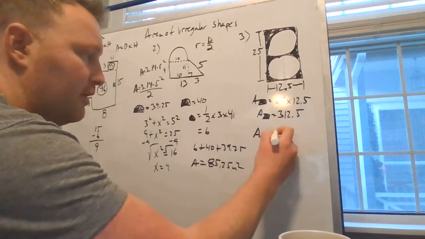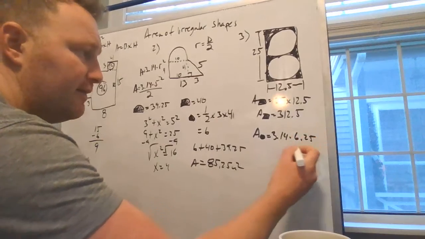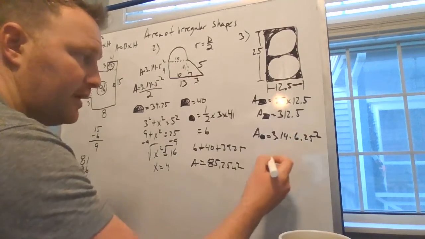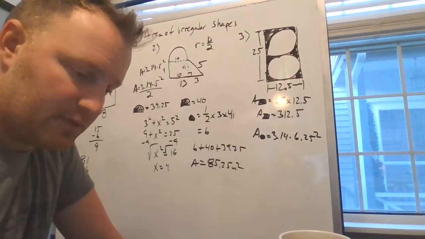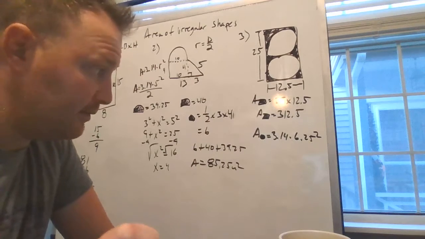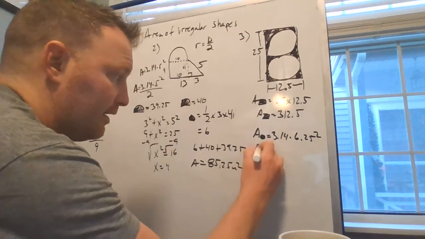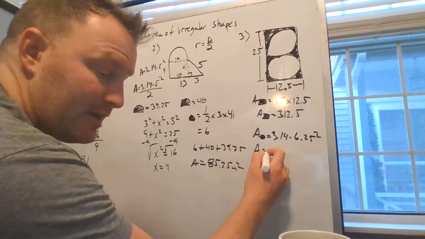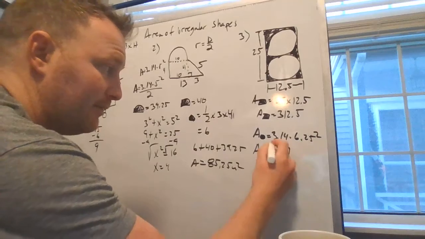So here we go. 3.14 times 6.25 squared. Okay? When I get this answer, I'm going to multiply it by 2. All right? 6.25 squared equals 39.0625 times 3.14. And I get an area of, I'm going to round this to the nearest tenth, 122.7.